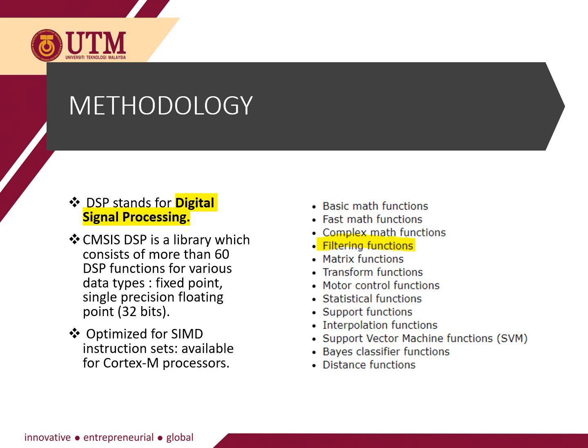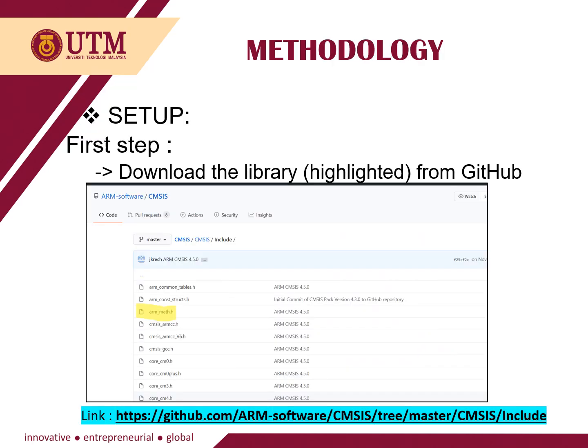Mostly, it uses fixed point and single precision floating point, 32 bits. It is also optimized for SIMD instruction sets available for Cortex-M processors, which we are using in particular. Filtering functions are the main concern for this project.